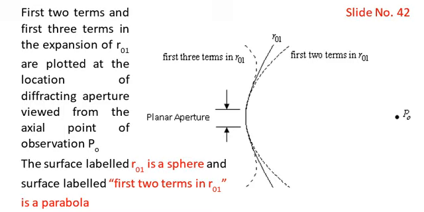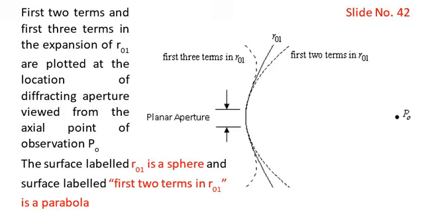The third term was also limiting the value of z, so that we can remain within the Fresnel region. Otherwise, if we increase z further, we shall violate the Fresnel region and go beyond that.